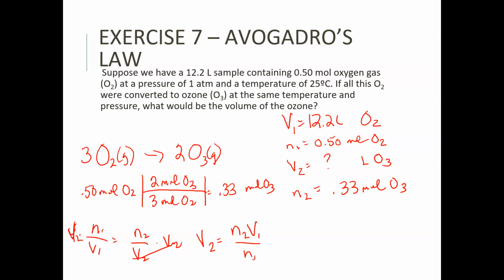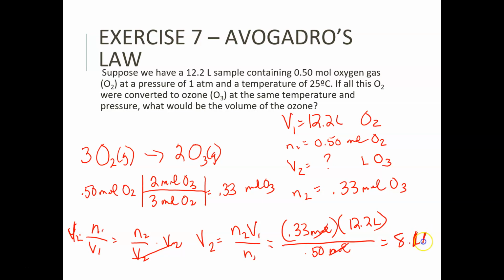I had to rearrange that. N2 is 0.33 moles, V1 is 12.2 liters, and N1 is 0.50 moles. The moles are going to cancel out, and I'm going to get an answer of 8.1 liters of O3.